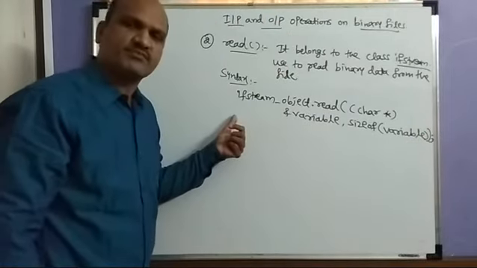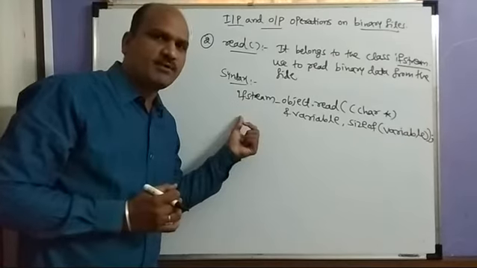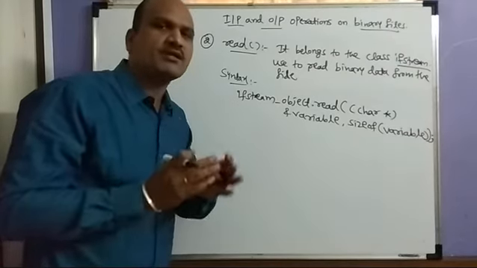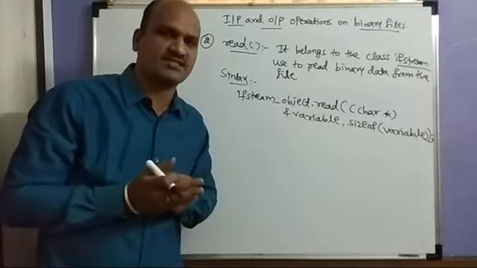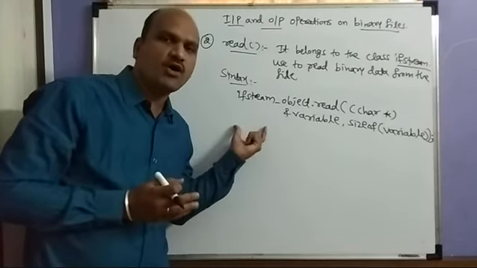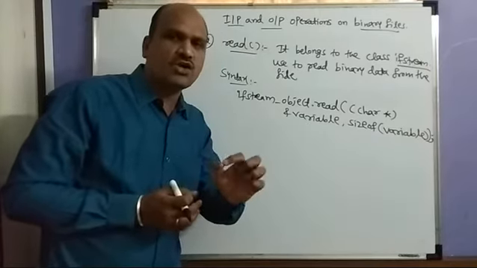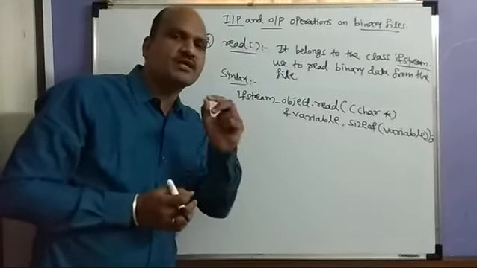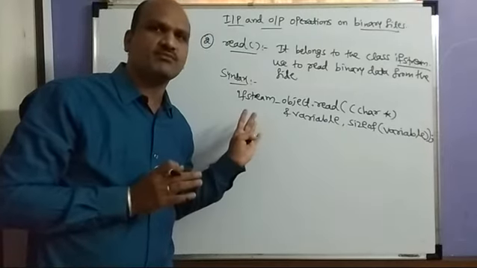This is how the syntax works. Here also the address of the variable is type casted to the pointer to the character type, because the read function does not bother to know the type of the variable.